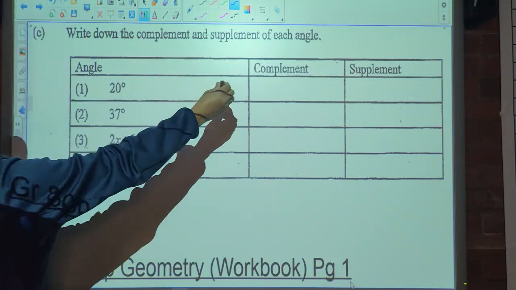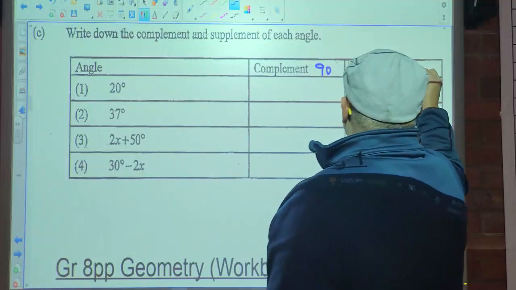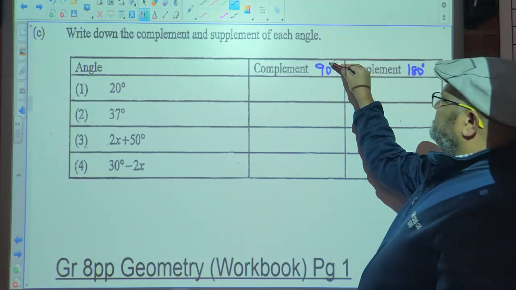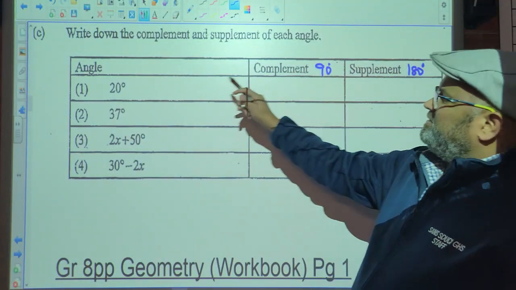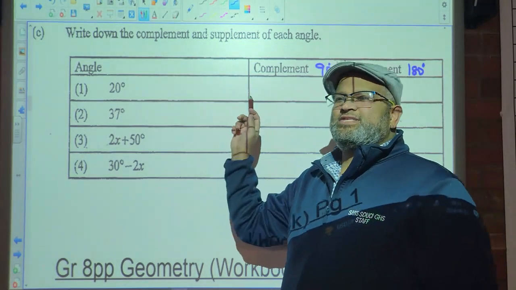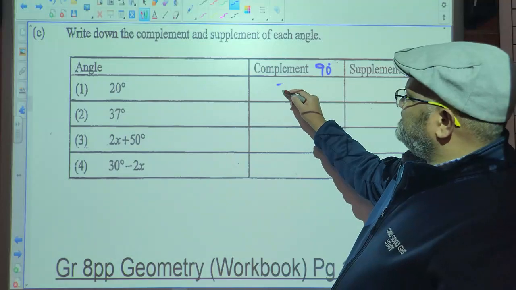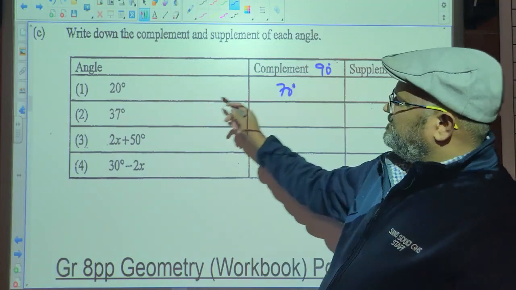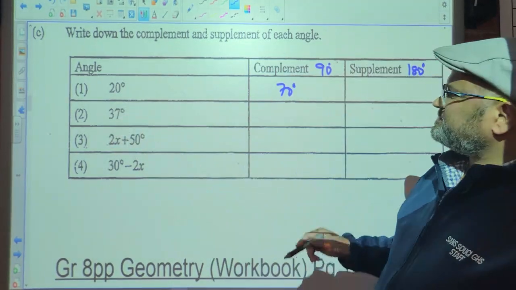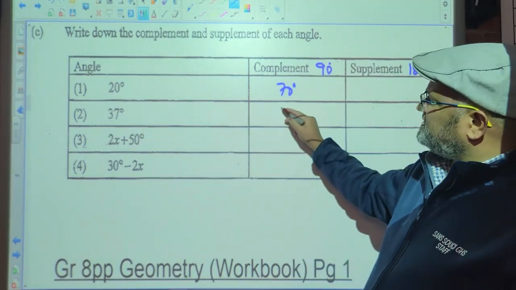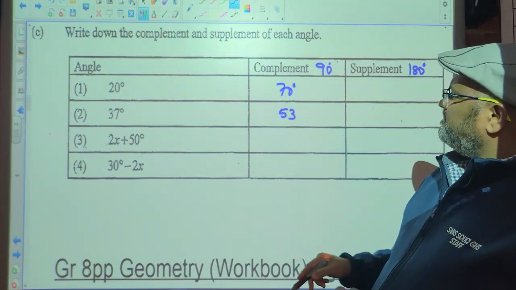Alright, so complement is 90 degrees, supplement is 180 degrees. So how do you get 70? 90 minus 20, which is 70. What's the complement of 37? 90 minus 37, which is 53.